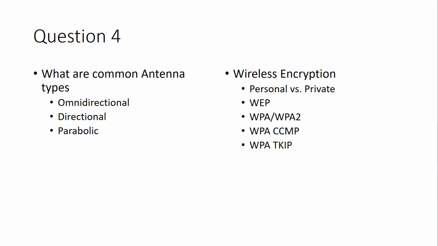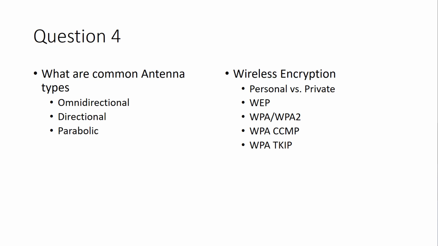Know your common types of antenna types. Omnidirectional, that's full 360. Directional focuses more in one direction. Parabolic is going to be a tighter directional and allow you to go a little further. When we're talking wireless encryption, make sure you understand WEP, WPA, WPA2, and their differences.